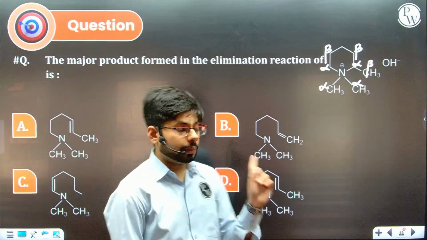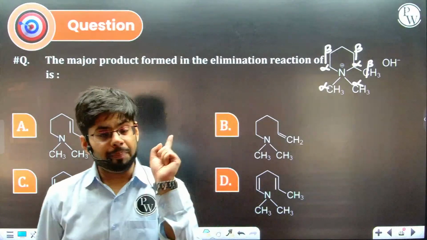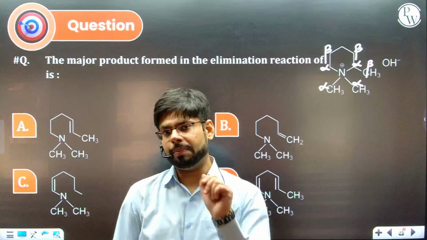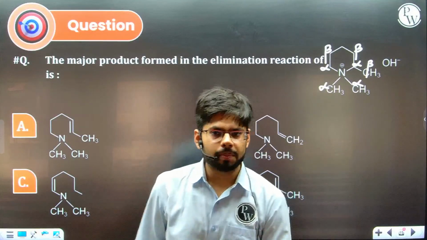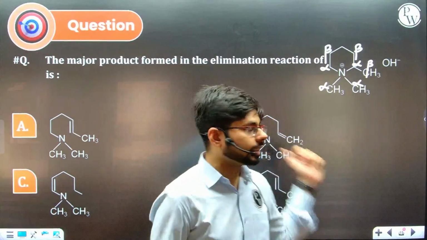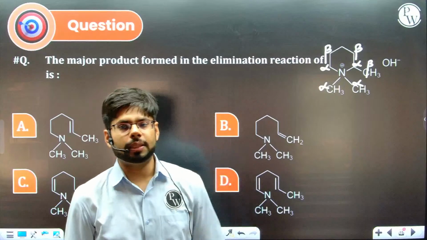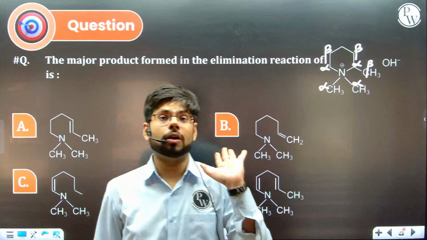That means I have to remove one hydrogen atom from beta carbon. But the major product is Hoffman product in this case. So we have to keep in mind that when we perform beta elimination of 4-degree ammonium salt or a compound which is of this kind, which has a nitrogen atom bonded to 4 carbon atoms, then we will always report our final answer as Hoffman. That means the major product will be Hoffman product.